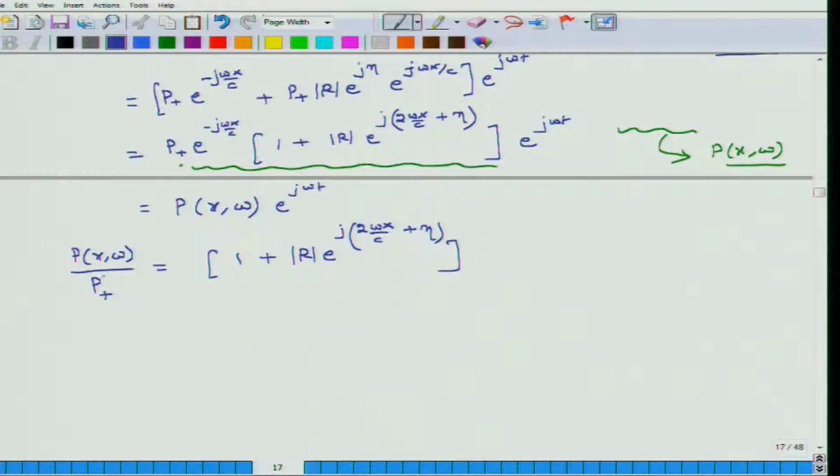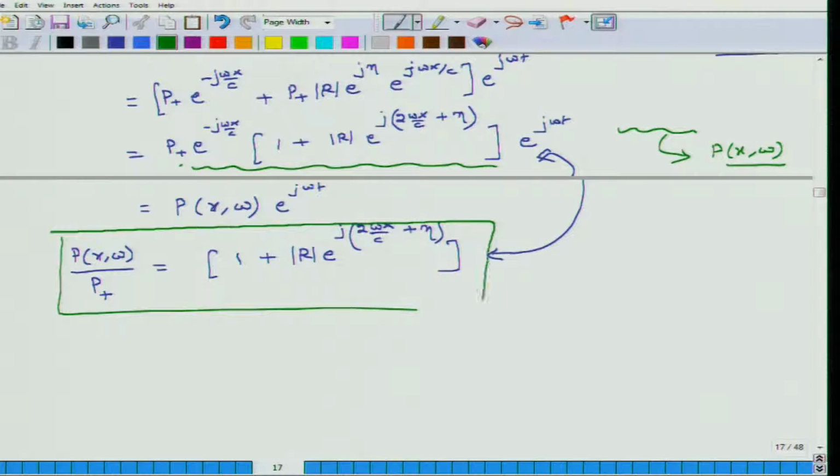Okay. So this equation is coming directly from here. It's coming directly from here. Now what I do, so this is my fundamental equation.